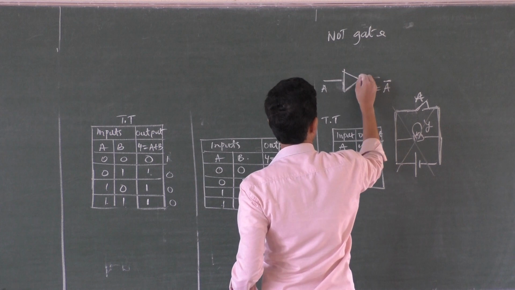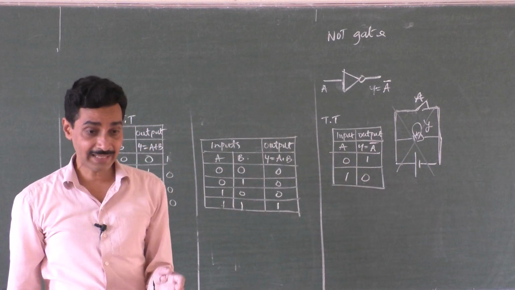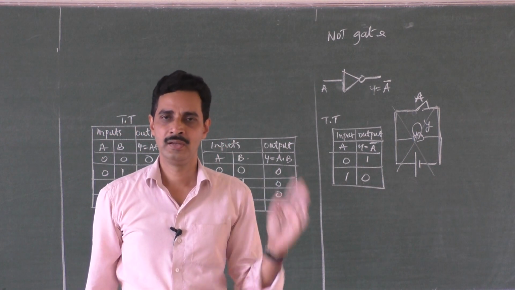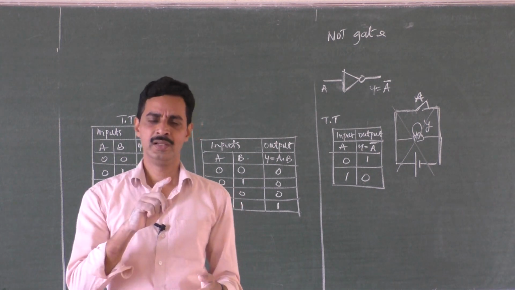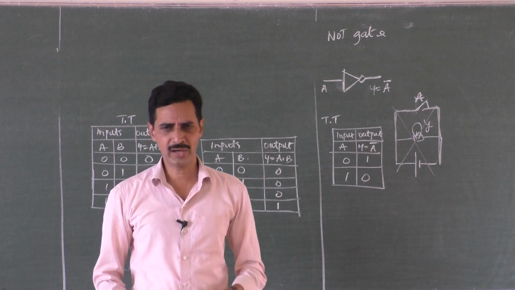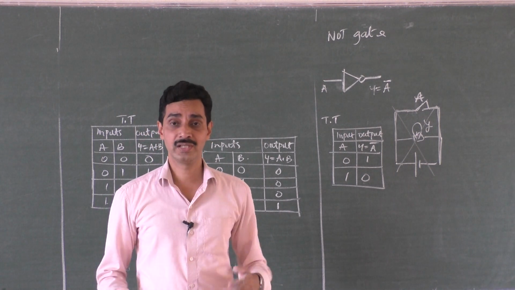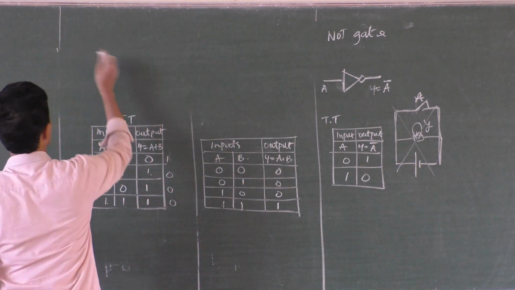NAND and NOR gates are called universal gates because using NAND and NOR gates you can construct any type of gate. Whether you want OR gate, NOT gate, or AND gate, whatever type of gate you want, you can construct it using NAND or NOR gates. So they are called universal gates.